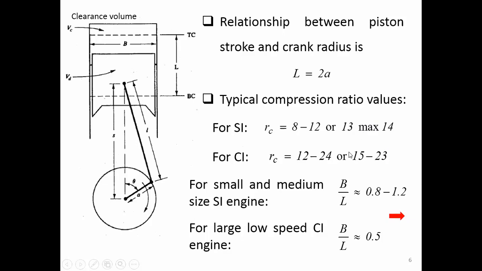You may go over, but if you do, you have to think about the material, because the mechanical loading and the thermal loading go higher with a higher compression ratio. But if you stay within these numbers, you can use conventional materials available in the market.